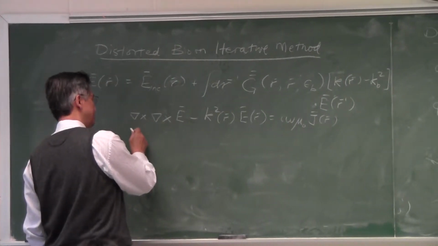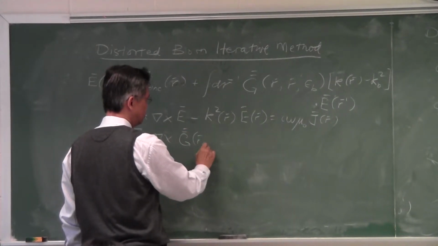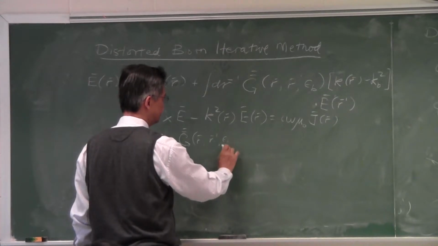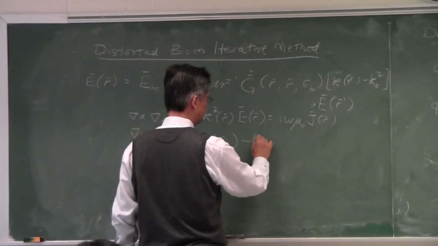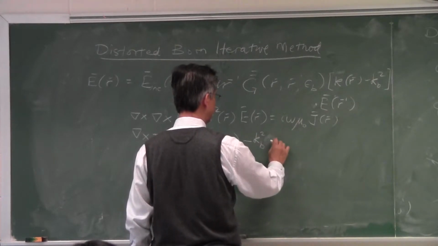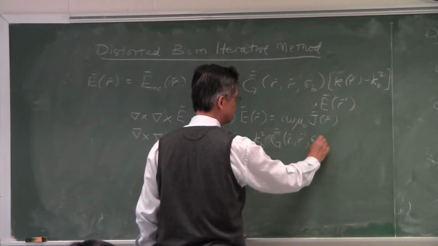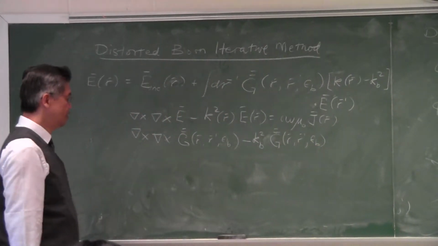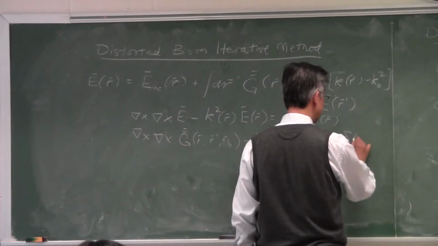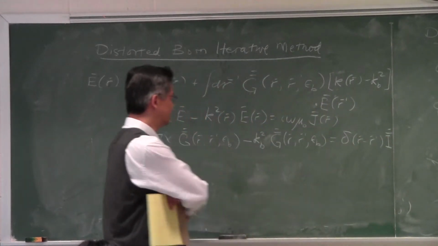Okay? And then you define a dyadic Green's function corresponding to a certain background. Then let's assume that this background is simple enough so that you know how to solve this dyadic Green's function. And that on the right hand side, we will just have an impulse response, such as this one.